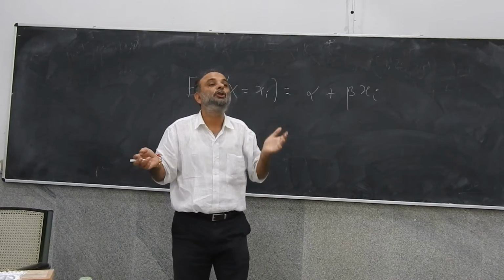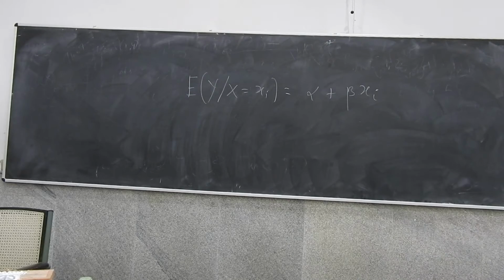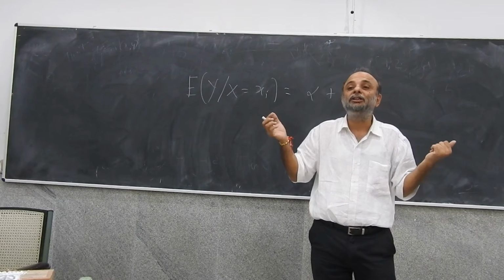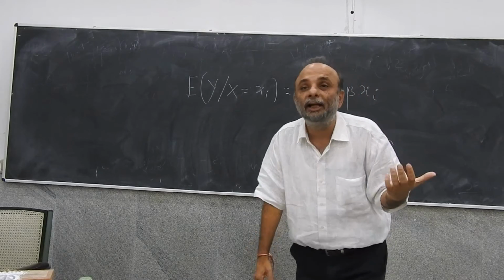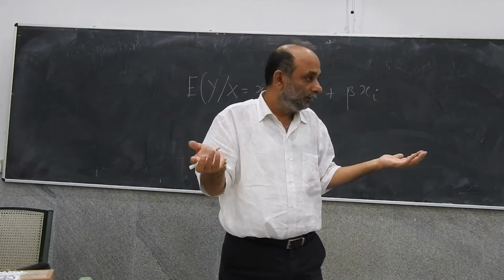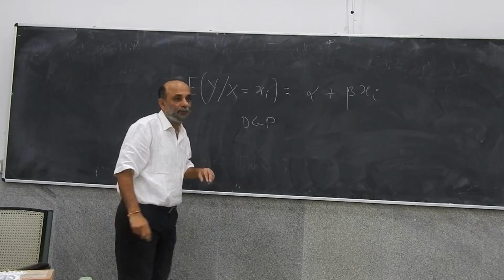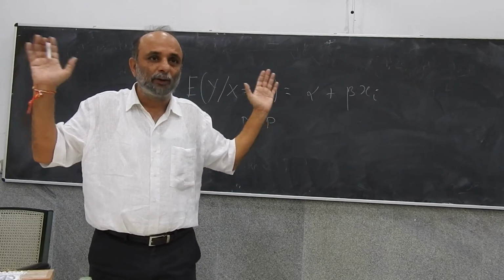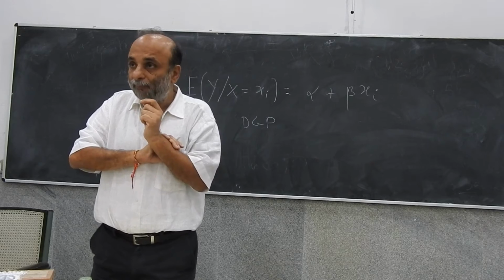So in a sense you have a complete description of the process which generated the random variable y. Such a process is called the data generating process, and we knew the data generating process fully, right? In short, this will be called the DGP, the data generating process, and we said what the data generating process is. Okay, right?